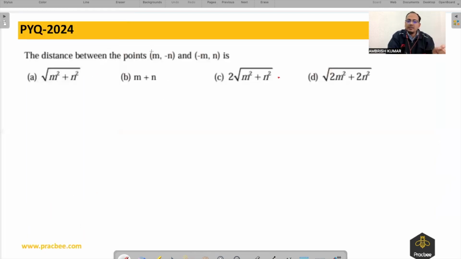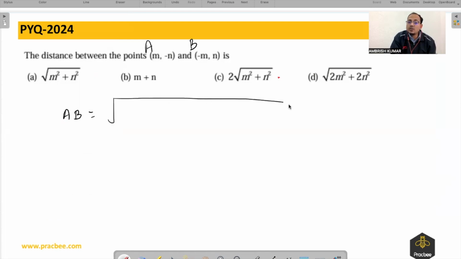Here we are given 2 points. When you solve the questions, you can give them names: let this point be point A and this point be point B. The distance between A and B is going to be the square root of, now just subtract the x coordinates, m minus negative m, that's going to be 2m whole square, and then n minus negative n, that means 2n, so 2n whole square.